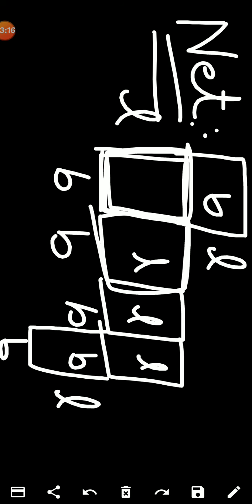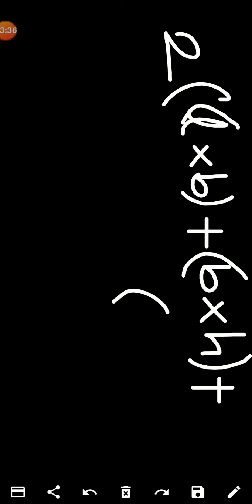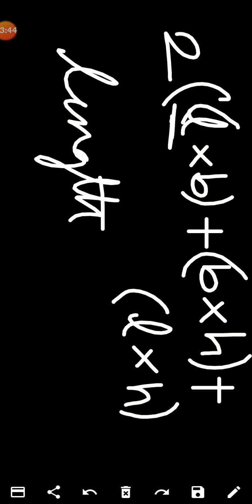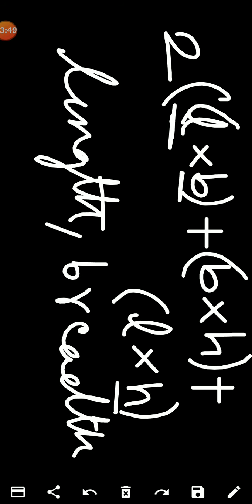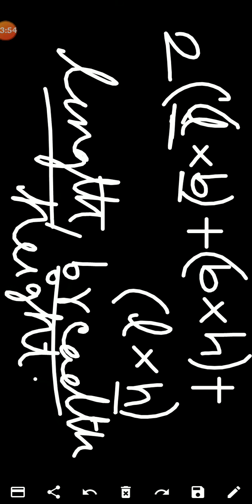Now when we collect all these values, we get 2 multiplied by (L into B plus B into H plus L into H). Here L is the length, B is the breadth, and H is the height of the cuboid.